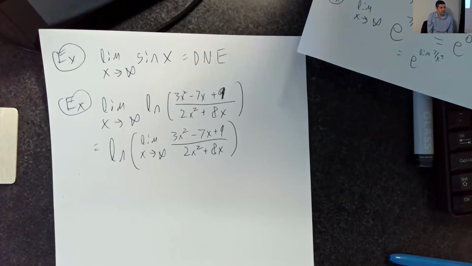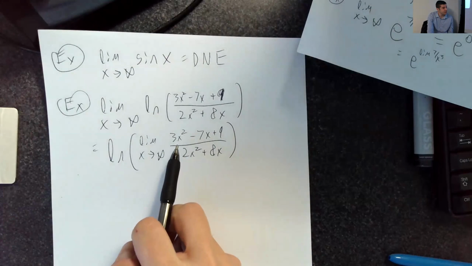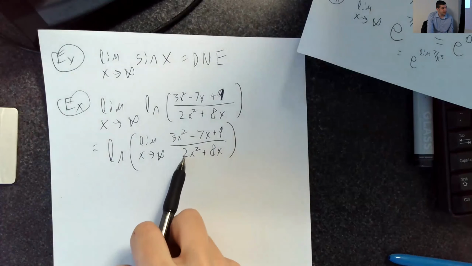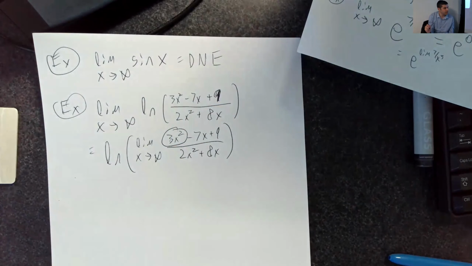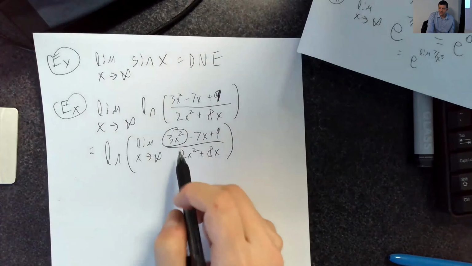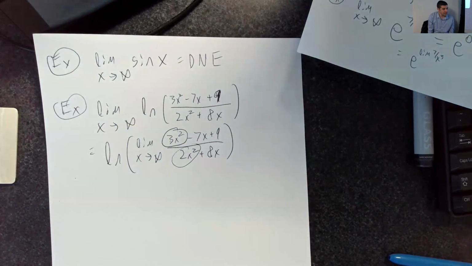Yeah, Matt. Can you do the trick, the 3x squared over 2x squared? Good. Yeah, now I could do the trick. I could use the shortcut. The biggest thing in the numerator is 3x squared. Denominator is 2x squared. It overpowers the 8x.